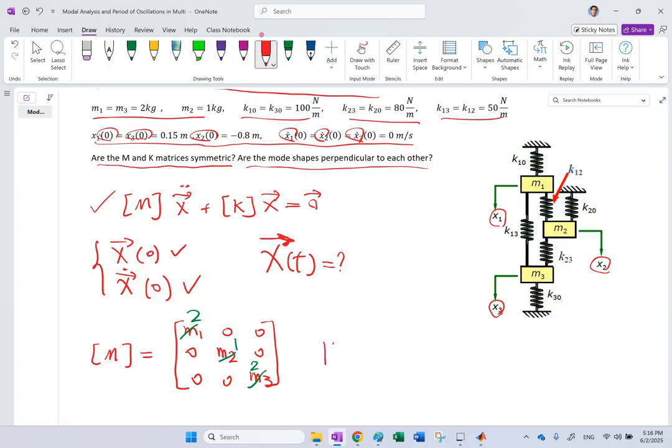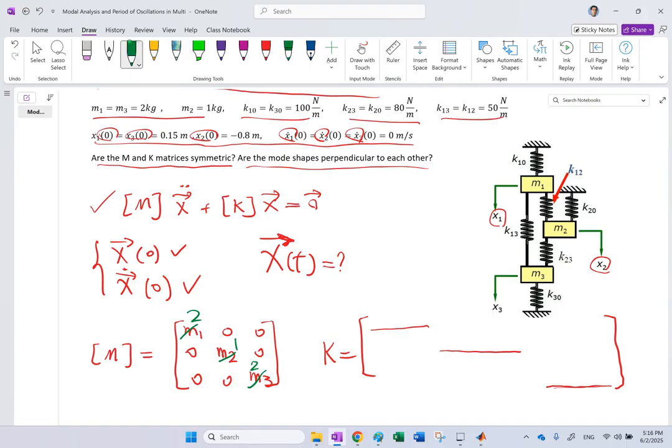Let's look at K. So in the case of K, this is what I want you to pay attention to. K is also going to be a 3 by 3 matrix, but on the diagonals, for each one of these degrees of freedom, the diagonal is going to be the sum of all the spring constants that are attached to that mass.